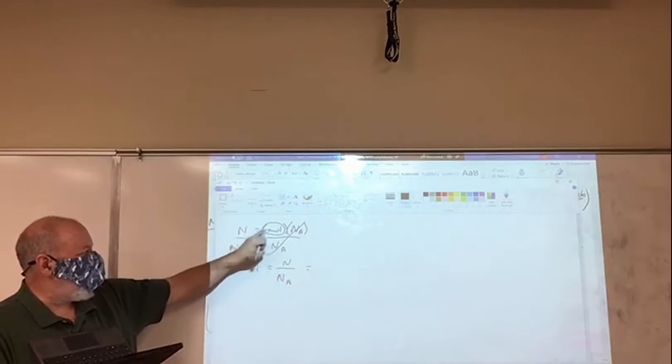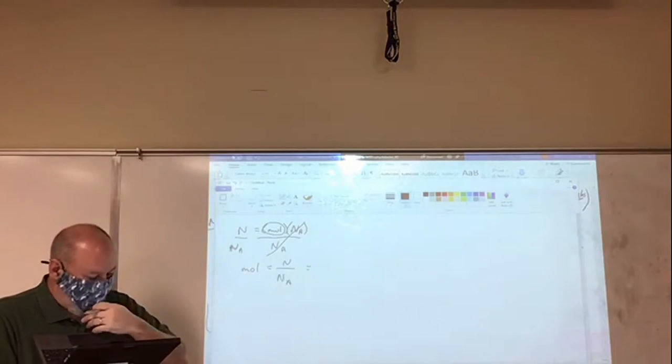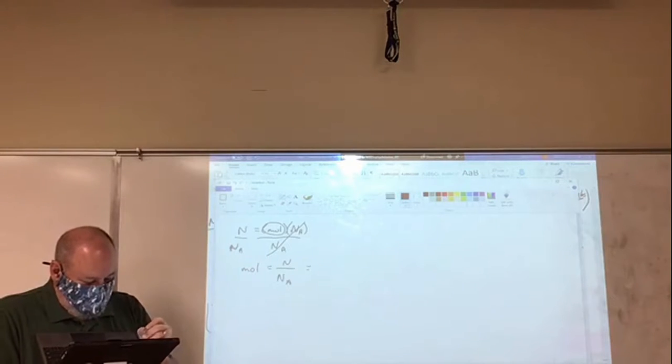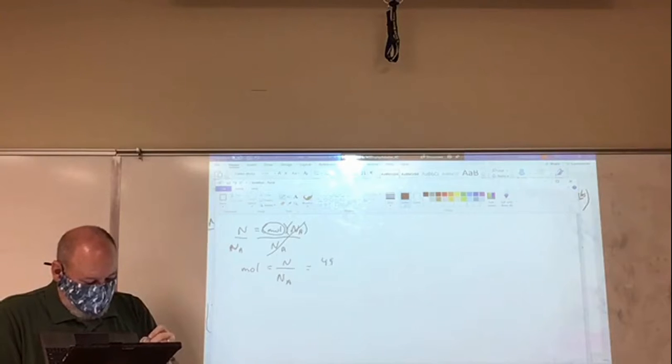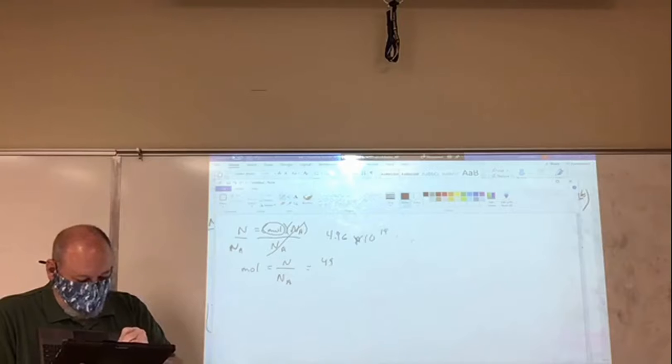If you start with the actual formula, you don't make any mistakes when you isolate the other thing. So in this case, we said we have 4.96 times 10 to the 19th particles.